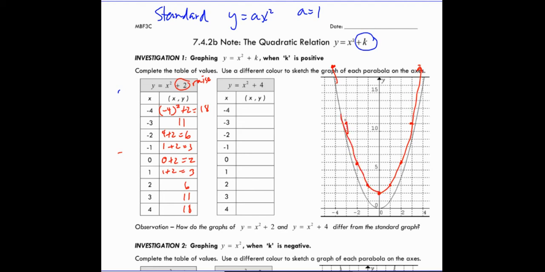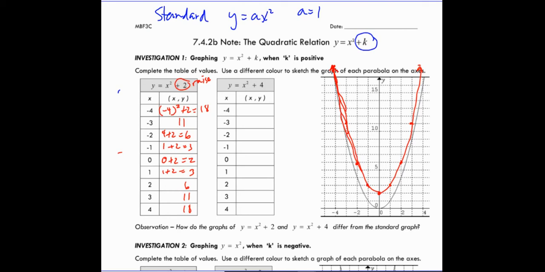Oh, missed that line. It's tricky with this smartboard pen. All right, good. So what does it look like when you do it on here? Well, it did it for us, didn't it? It's right there, that red one.